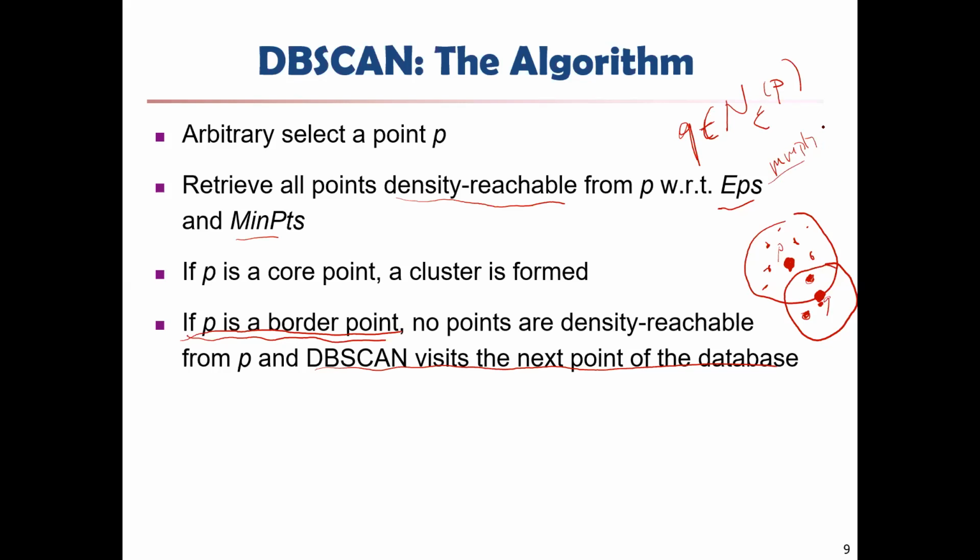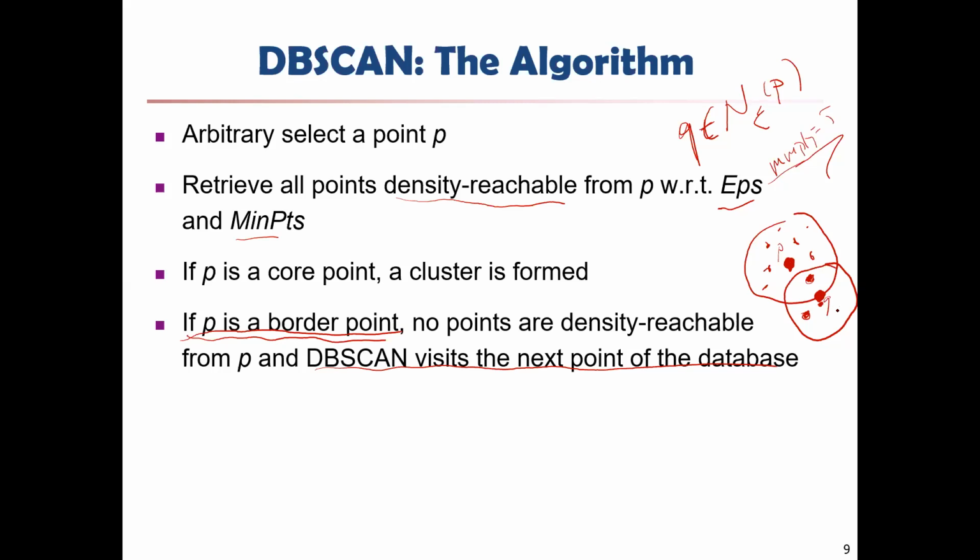Let's say it is 5. You have only 2, so you cannot satisfy the condition. In that case, this guy cannot initiate a cluster, but as a member of another neighborhood, it can be part of this cluster once you discover one cluster over here.